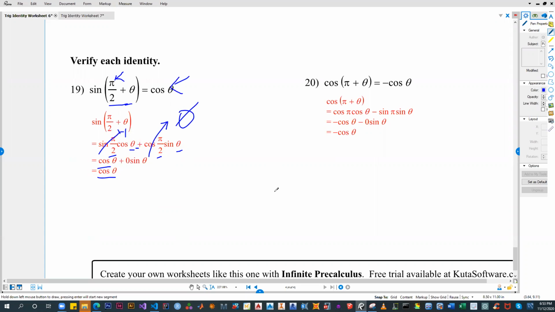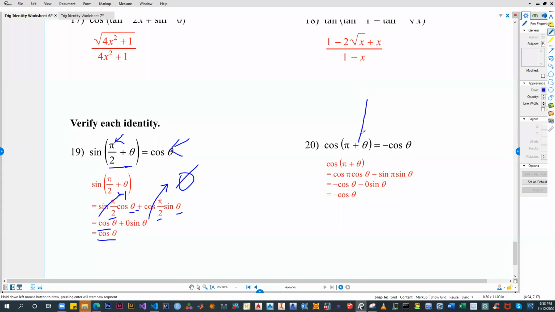And then obviously the same with this one. If you have a given angle, just do what you can first and evaluate the known ones. So cosine of pi plus theta. This is addition with cosine, so that's cosine, cosine minus sine, sine.